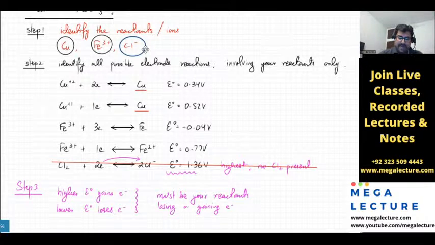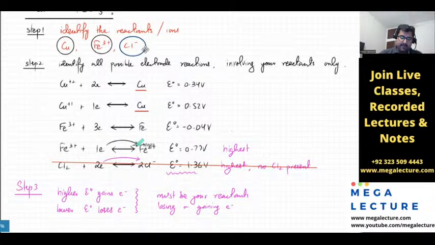Next one, who's the highest potential now? The highest potential now is this one. So the highest potential gains electrons. So it's going to go in the forward direction. It's supposed to gain electrons.